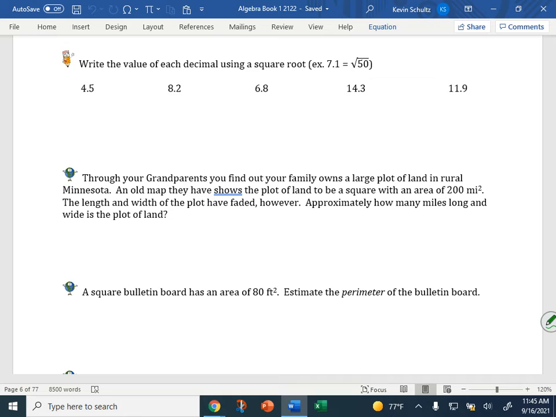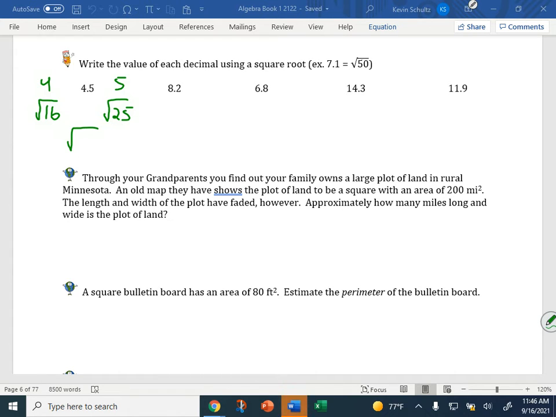What you're doing here is if I give you 4.5, you can think, okay, I know 4 is the root of 16. I know 5 is the root of 25. So what would 4.5 be? The root of what? What would you estimate? If 4.5 is halfway between 4 and 5, and 4 is root 16, 5 is root 25, what would 4.5 be?